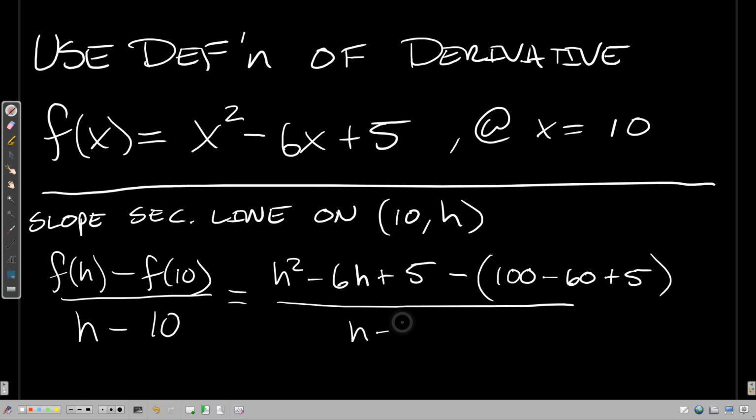And down here you have h minus 10. So this quotient would be h squared minus 6h, and this stuff in parentheses here is just 45. So it's a 5 minus 45. So that would be minus 40.